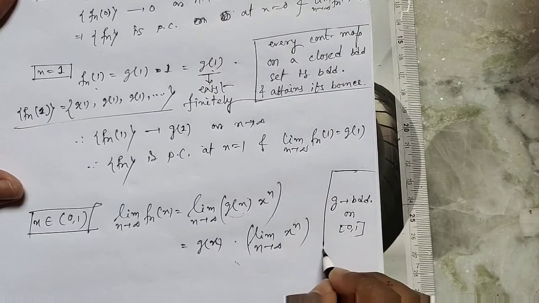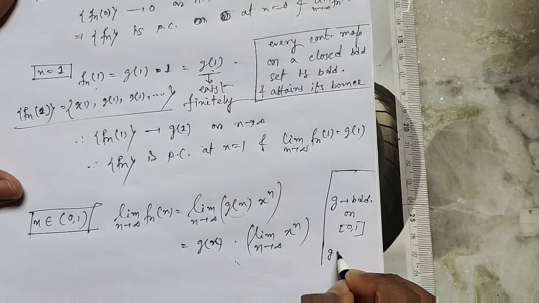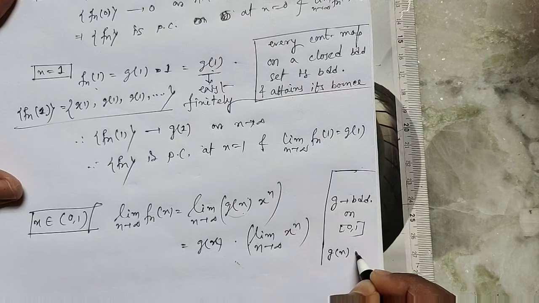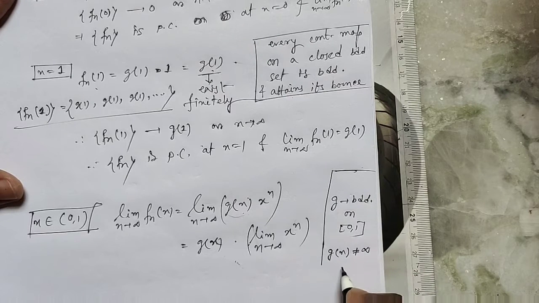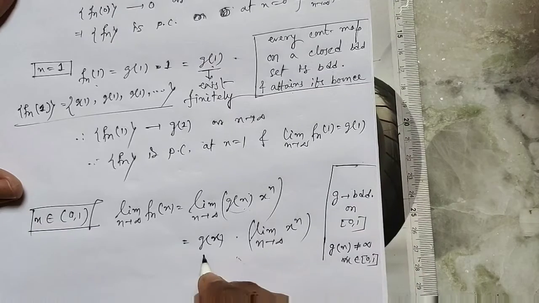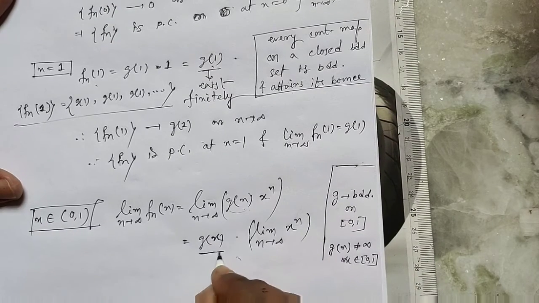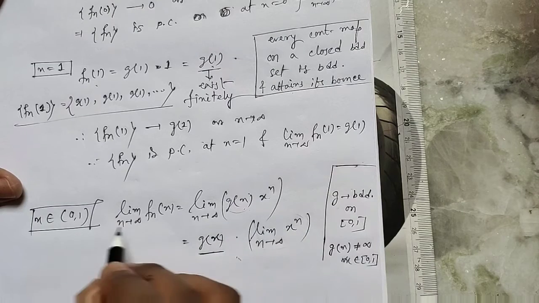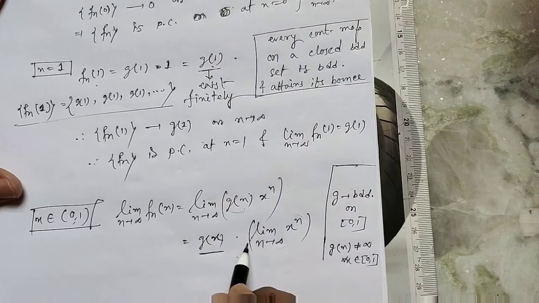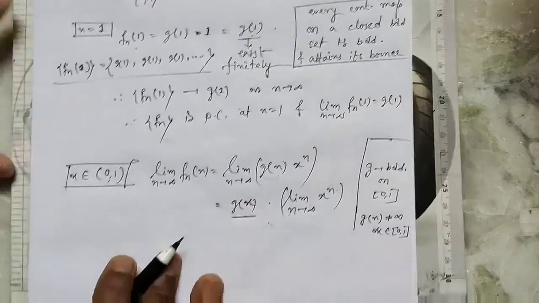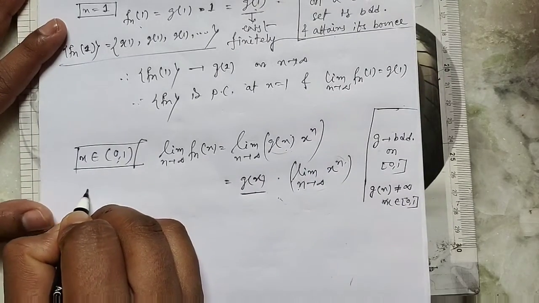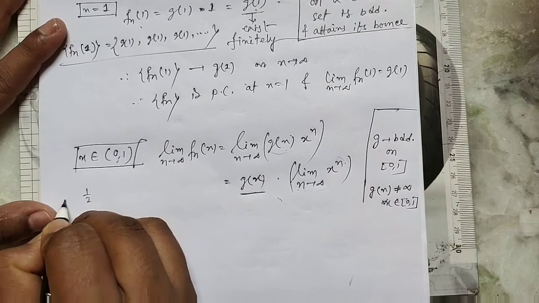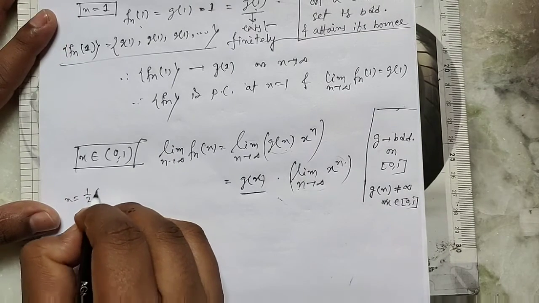So g(x) is not equal to infinity for all x belongs to [0, 1]. Okay, so this is not infinity. And this limit will be 0 because for x belongs to (0, 1), limit n tends to infinity x to the power n equals 0. For example, if we take x equal to half, this belongs to (0, 1).